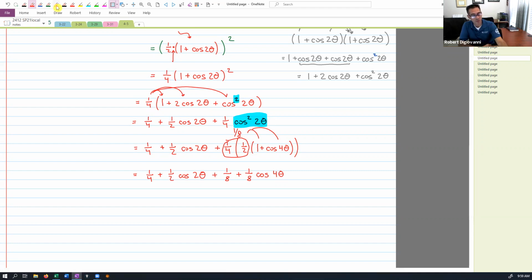One more thing I can do is put those two numbers together, 1/4 plus 1/8. I can get a common denominator and add them up, and I get 3/8. So here's my final answer: 3/8 plus 1/2 cosine 2 theta plus 1/8 cosine 4 theta.